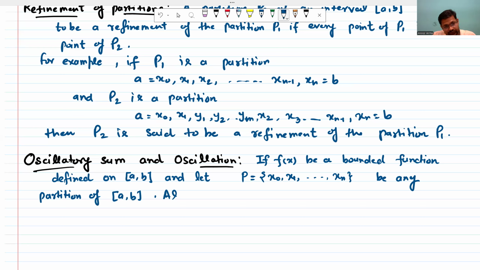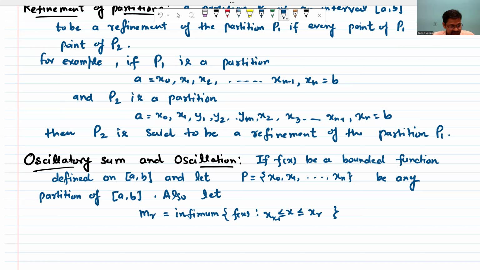Okay, so also let this small mr be the infimum of the function in this particular interval x(r-1) to xr. Okay, so I'm defining this mr, which is the infimum of f(x), so that x lies between x(r-1) and xr.